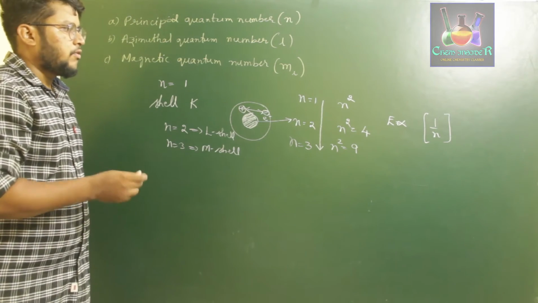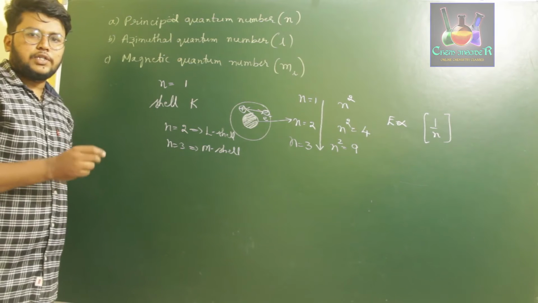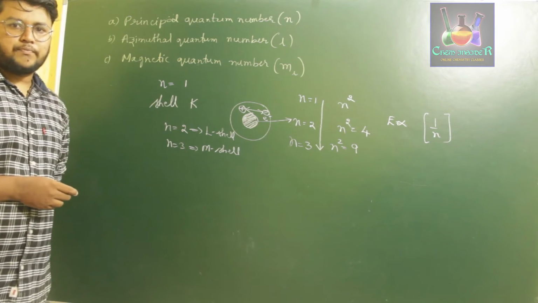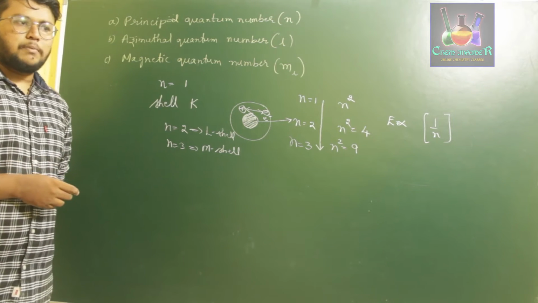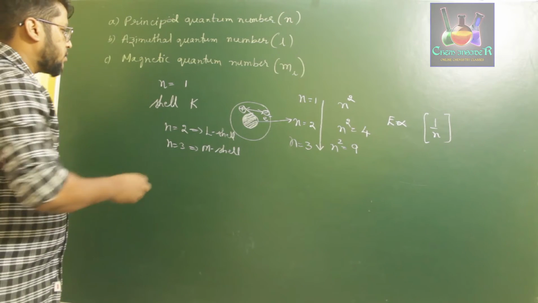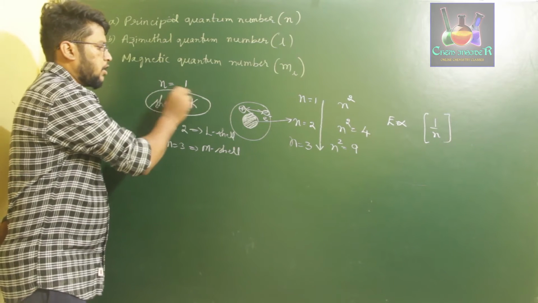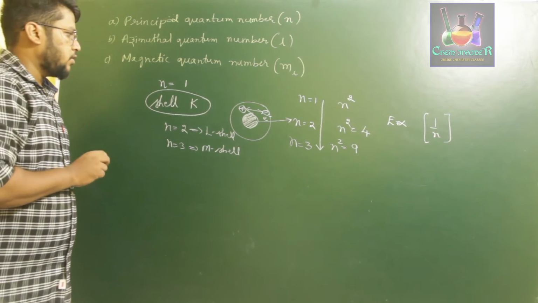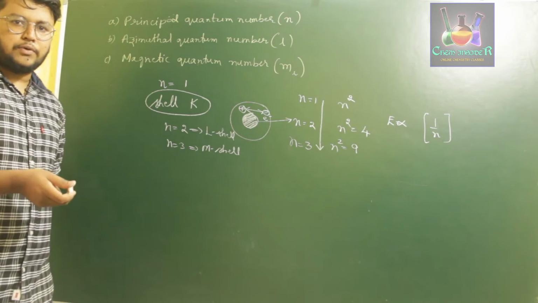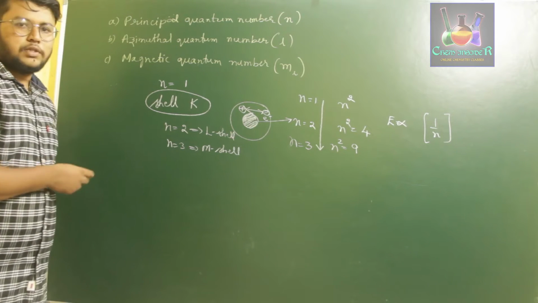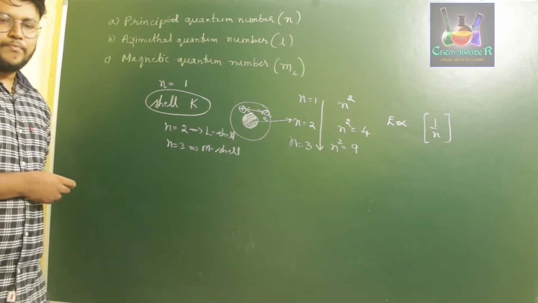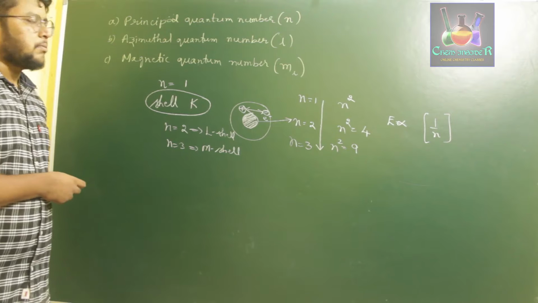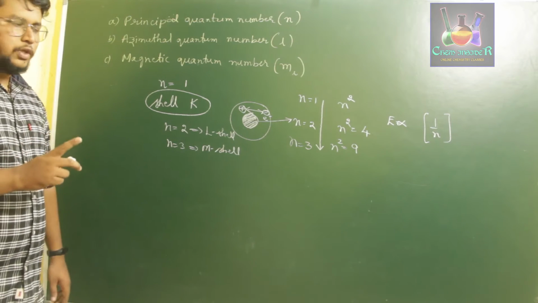So we can get an idea of the energy of an orbital using the principal quantum number. Further, this principal quantum number denotes the shell at which the given orbital is present. So the principal quantum number gives us three important points.